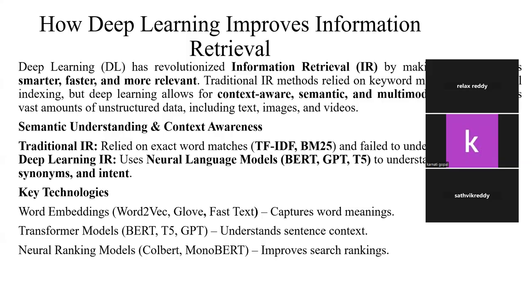Word embeddings capture word meanings, while transformer models improve contextual understanding and intent recognition. Additionally, neural ranking models like ColBERT and monoBERT refine search rankings, leading to more accurate and relevant results across text, images, and videos.